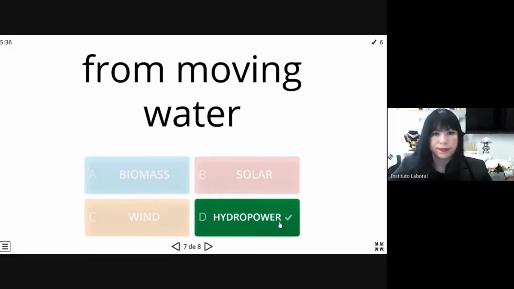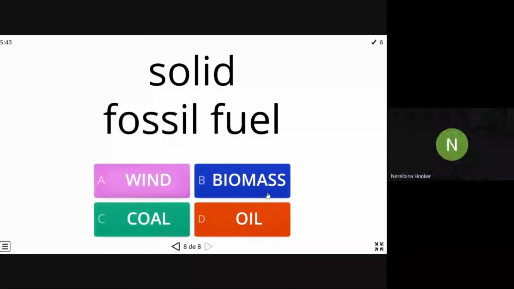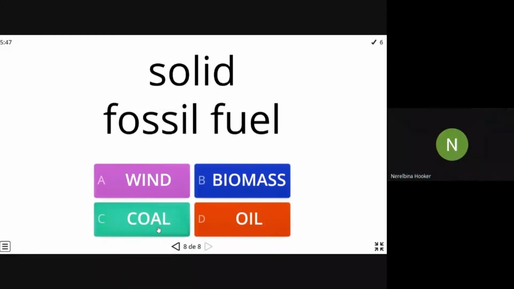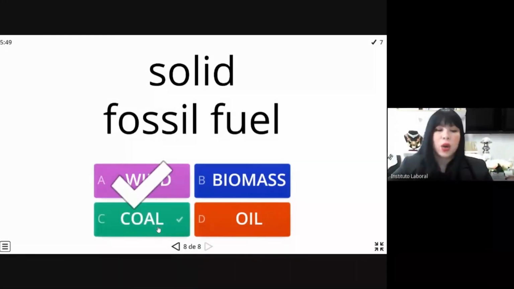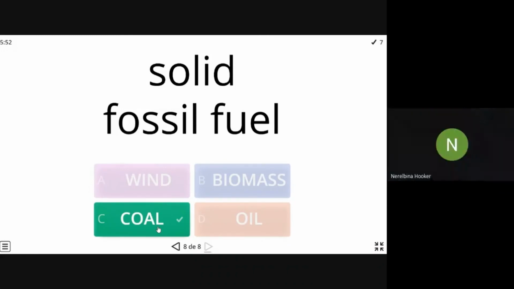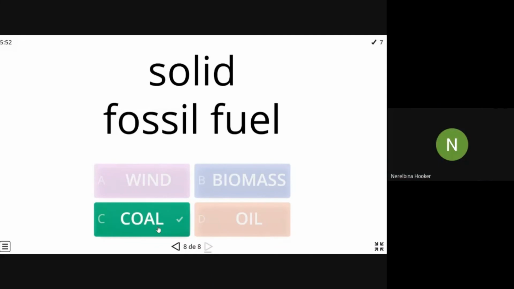Correct answer. This is an energy that comes from solid fossil fuel. Wind, biomass, coal, or oil. C, coal.